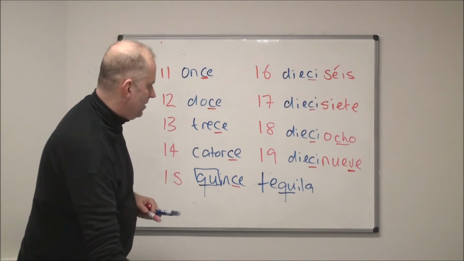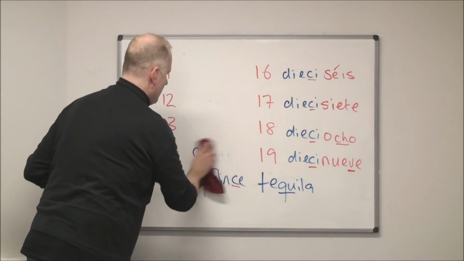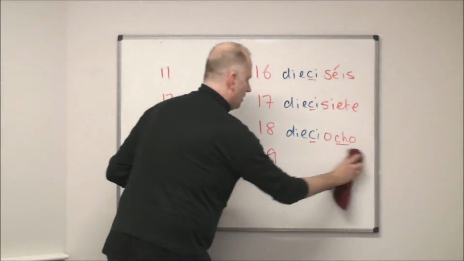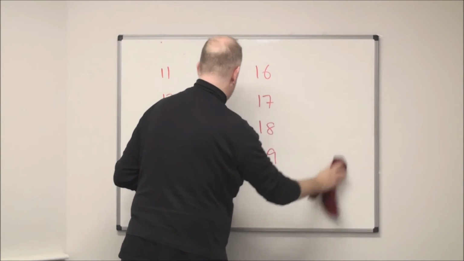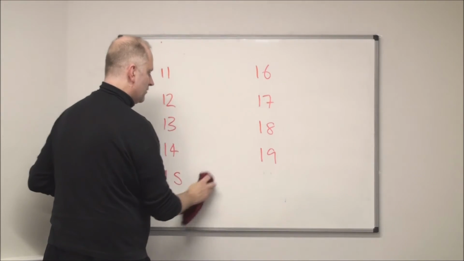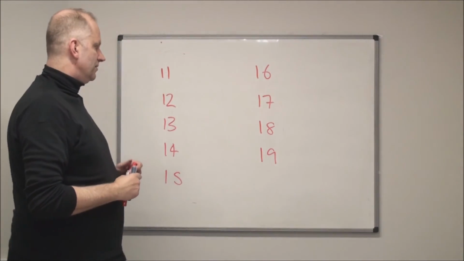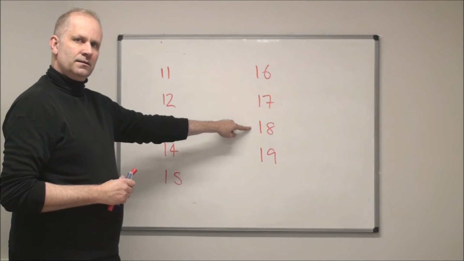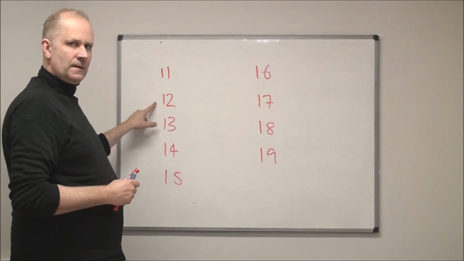Now we're going to get rid of the words, and I'm going to point at the numbers, and you're just going to have to say the number. Not having the word written there means you've got to remember how to say it. I'm going to do it at random. That's 18, and now this one.